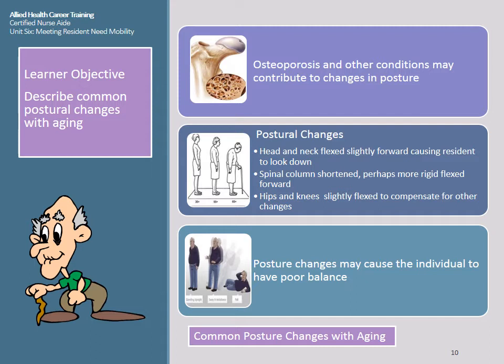Always answer call lights right away. This is their only way to let you know that they need assistance. Make sure that you always keep the call light within reach. Immediately clean up spills on the floor. Report loose handrails.